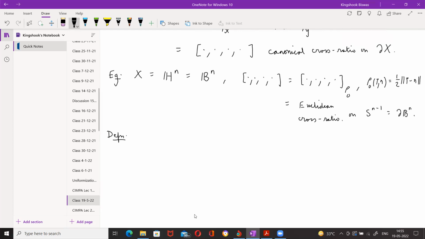Similarly, I can define, if X, Y are CAT(-1) spaces, then a map f from boundary X to boundary Y is Mobius if it preserves cross ratios. All right. So we have a cross ratio on boundary X, we have a cross ratio on boundary Y. F will be Mobius if it preserves cross ratios. Okay.